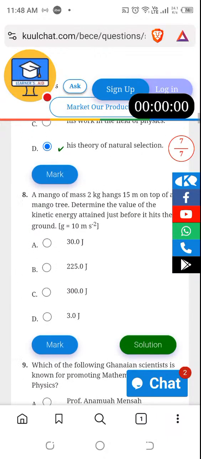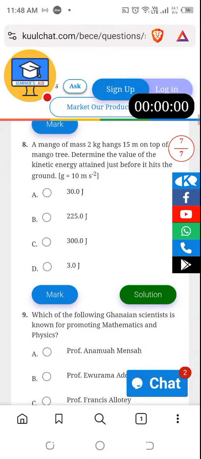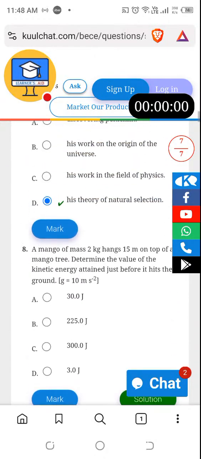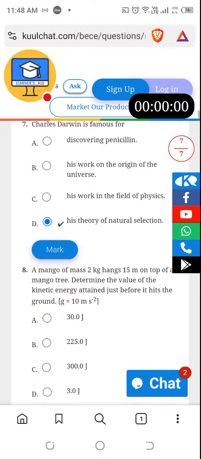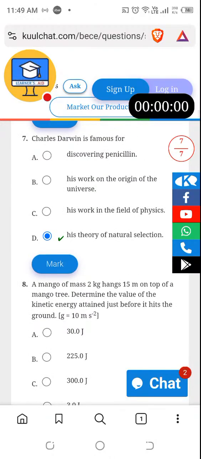Now we have a question here. Let me move it down a little. A mango of mass 2 kilograms hangs 50 meters on top of a mango tree.